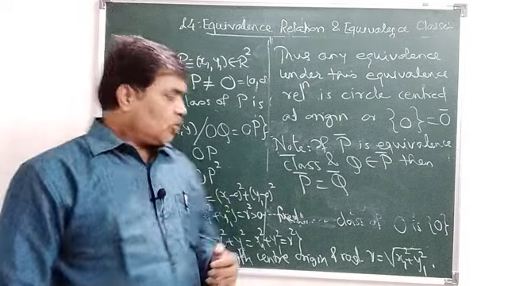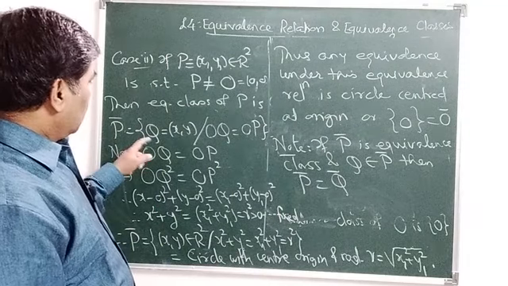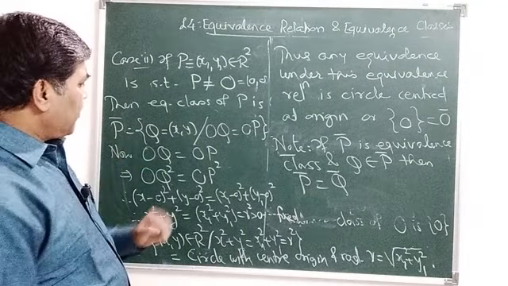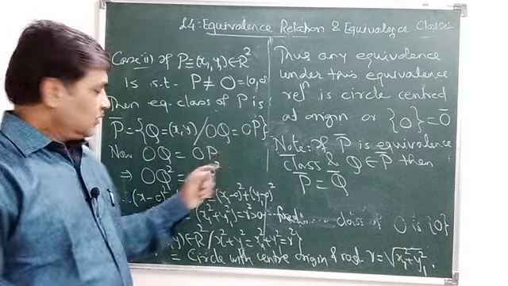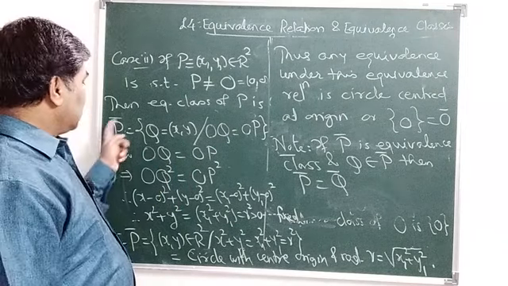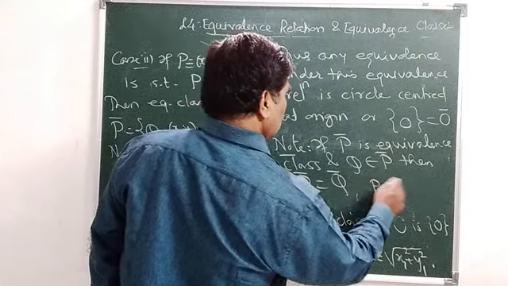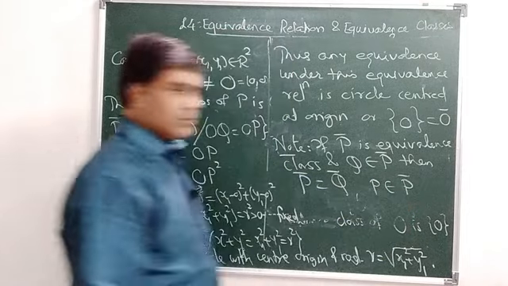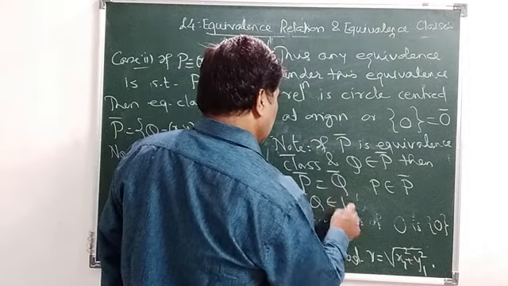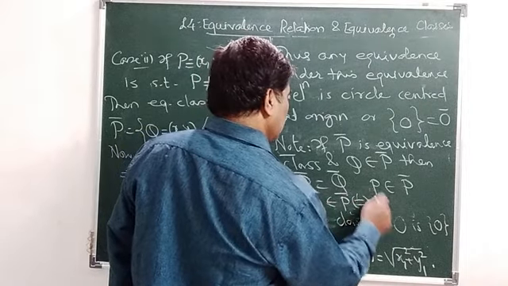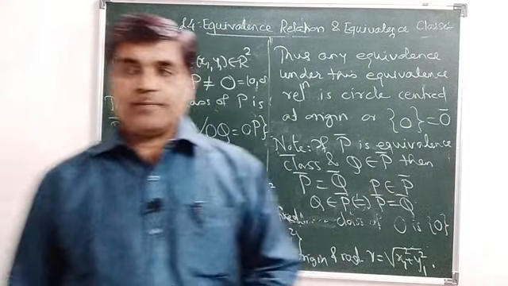Moreover, we are going to prove that this equivalence class also contains the point P. OP is equal to OP, which means P lies in the equivalence class P bar. P belongs to P bar. Then Q belongs to P bar if and only if P bar is equal to Q bar.